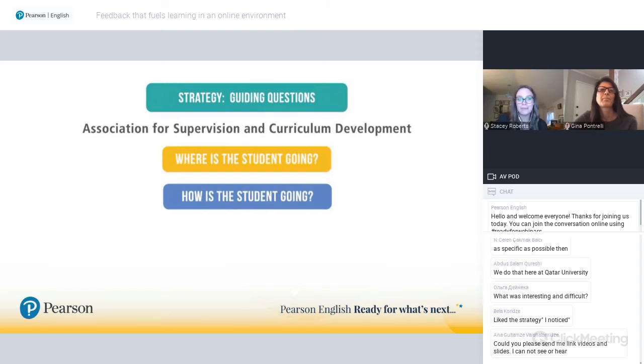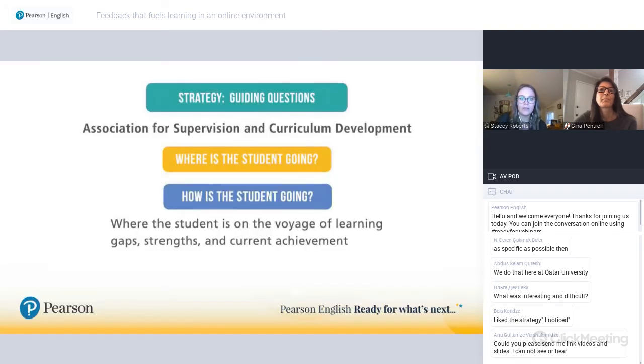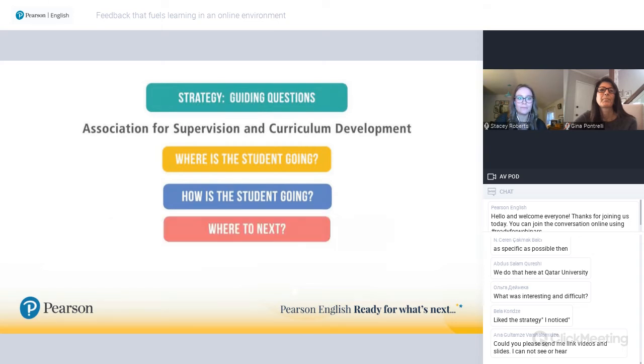How is the student going? Feedback that answers this question tells where the student is on the voyage of learning. What are the student's gaps, strengths, and current achievement? Where to next? This is particularly important.